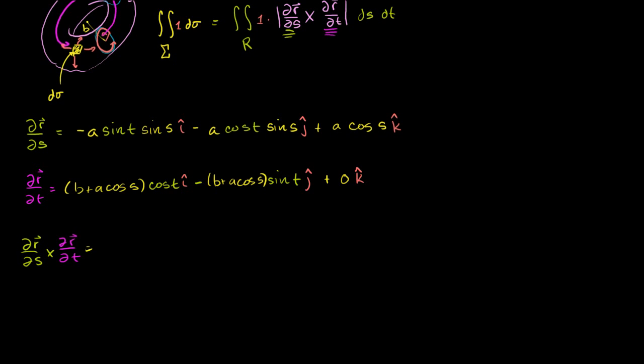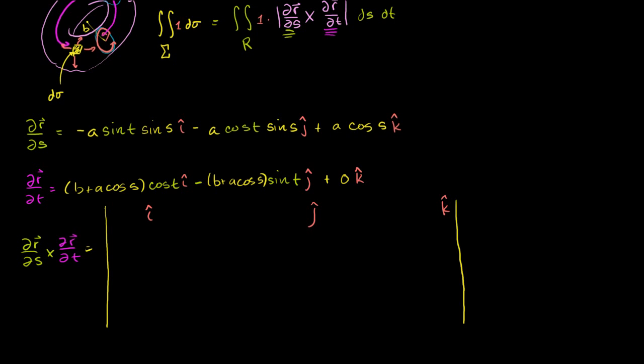You might remember this is going to be equal to the determinant. I'm going to write the unit vectors up here, so the first row is i, j, and k. And then the next two rows are going to be the components of these.